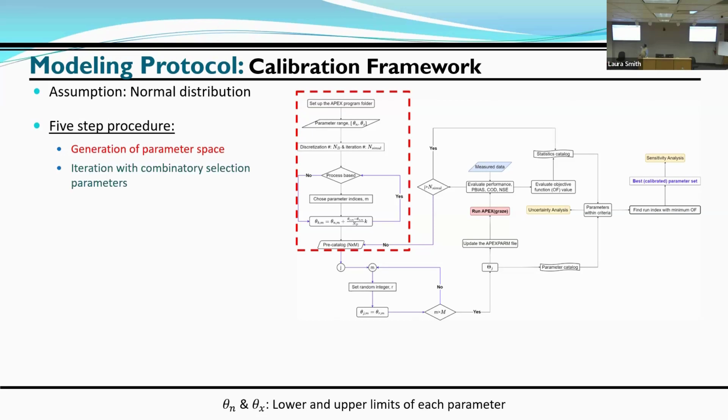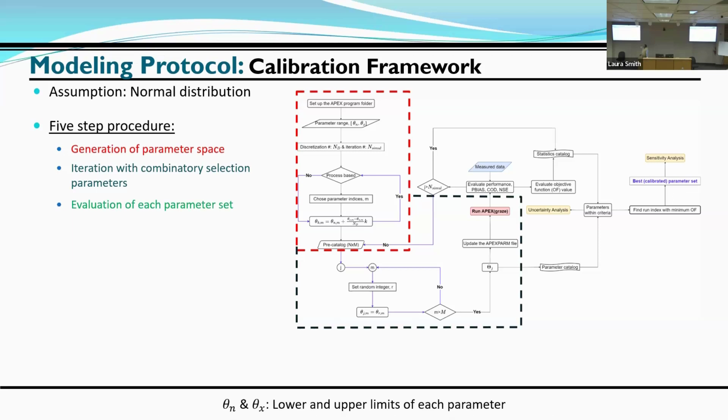Then we iterated the model by picking each parameter in a combinatory selection and saving them. Then we evaluated the metrics of each iteration and stored them for later use.